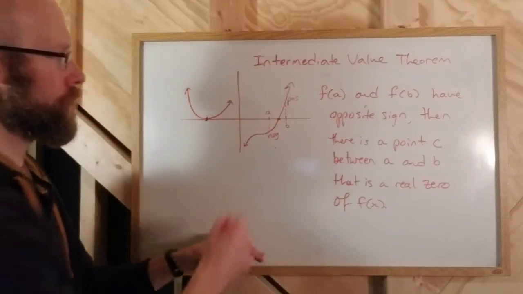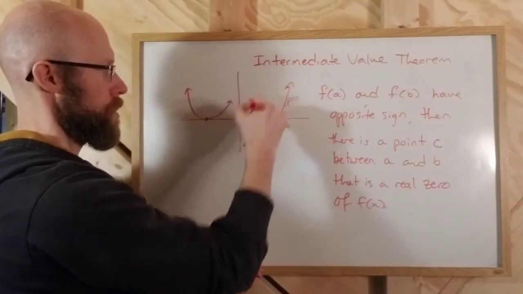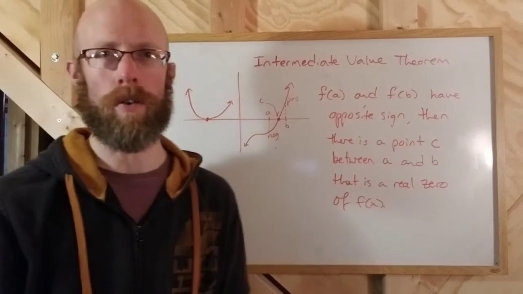Okay, so somewhere in there's got to be this c value that's a zero of the polynomial.